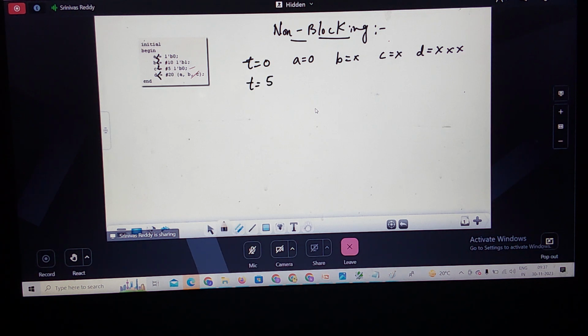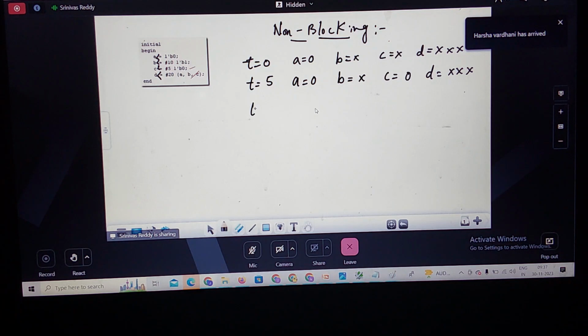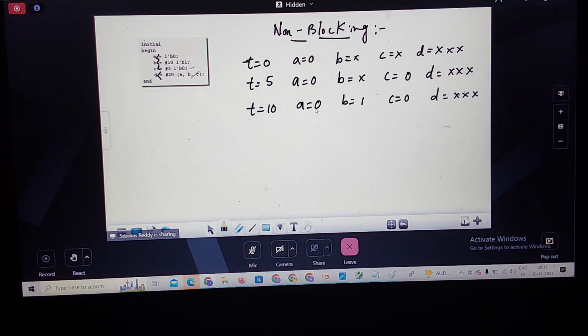Then at what time will it be executed next? At t equal to 5. At t equal to 5, what are the values of A, B, C, D?